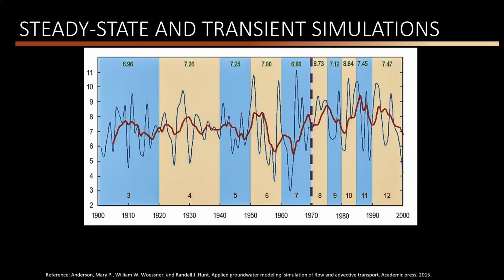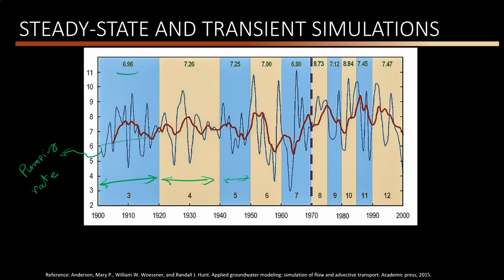This is another practical example. Here, as you see, I think this is the pumping rate information, and you can define your stress periods like this, and calculate the average value of your fluctuation.